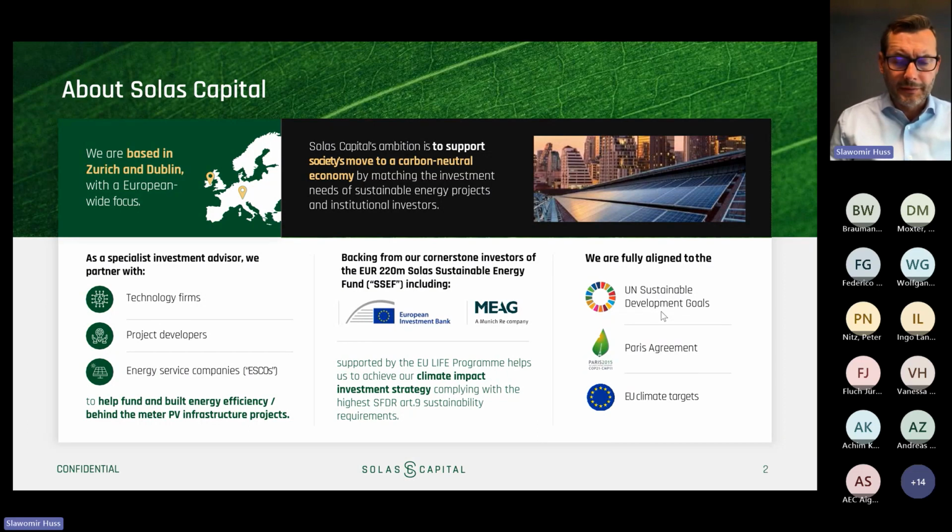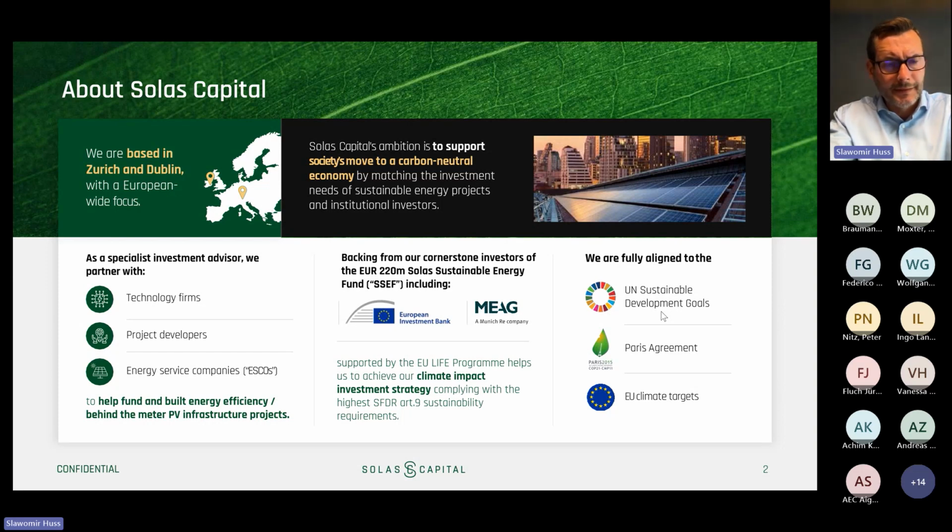We're fully aligned with the Paris Agreement and all sustainability goals. I'm proud to say that, as very few financial institutions do, we qualify as so-called Article 9 under SFDR, a relatively recent regulation introduced by the EU.